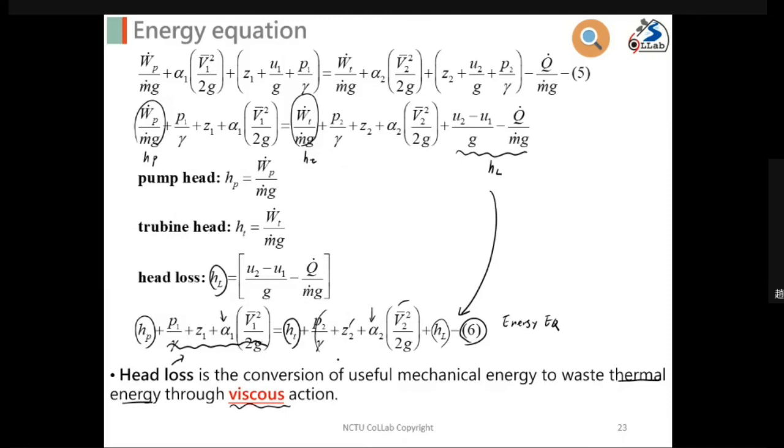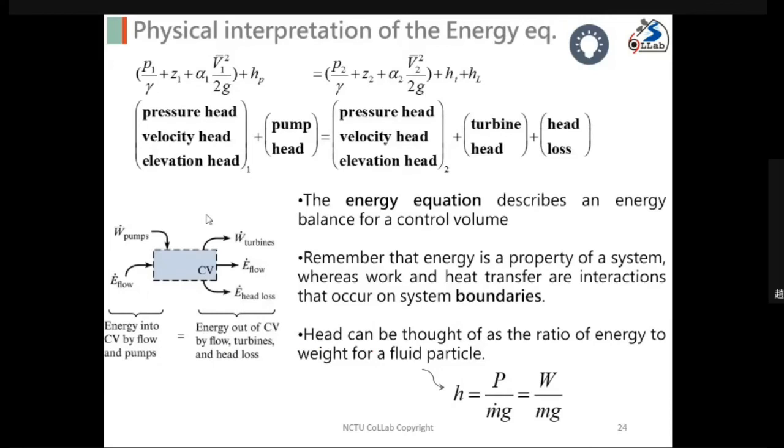The only difference is we need the correction factors for the kinetic energy terms, and we have the pump, turbine, and the head loss. The 3 parameters are the difference compared to the Bernoulli equation.